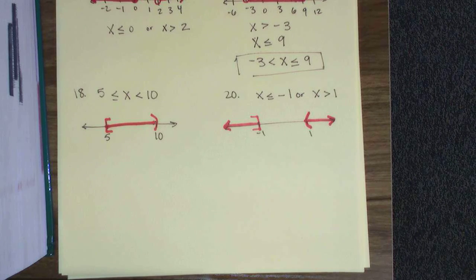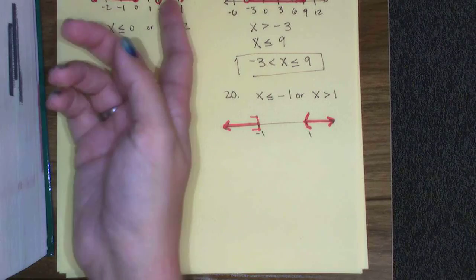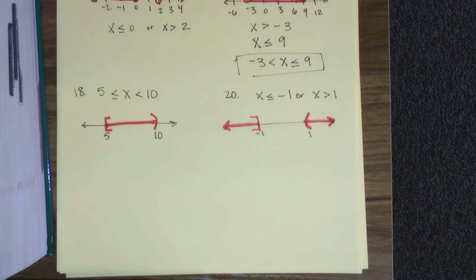Alright, for the next set of problems, they say to solve the inequality and then graph the solution. I'm going to take away the graph the solution part on these ones of your homework, because you're already graphing ones in 3 through 10 and up through 20, so I don't see a point in wasting your time doing it. You're just going to be solving them.